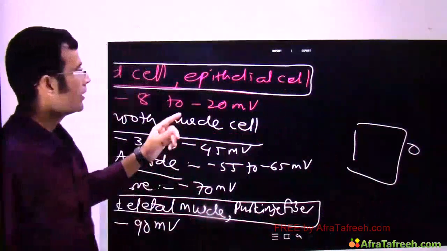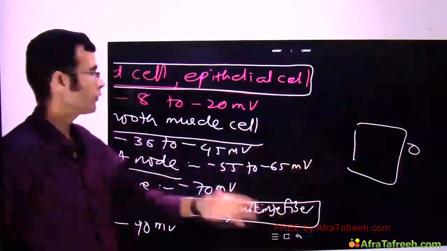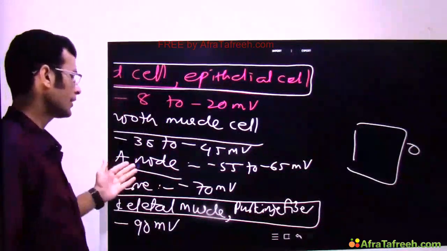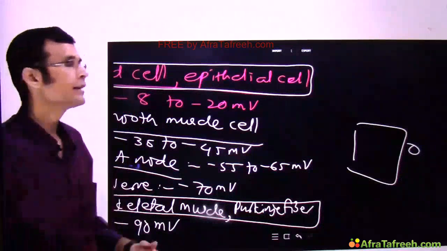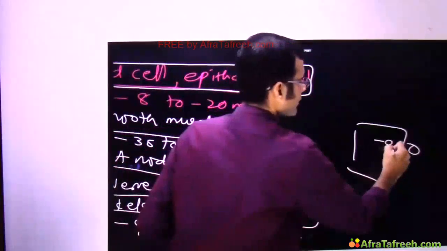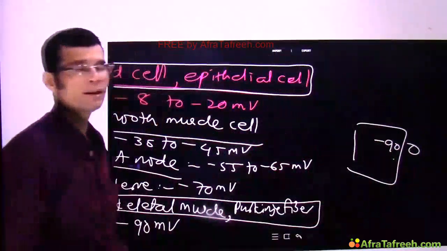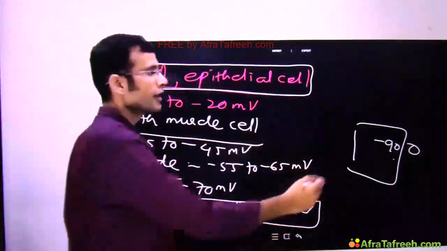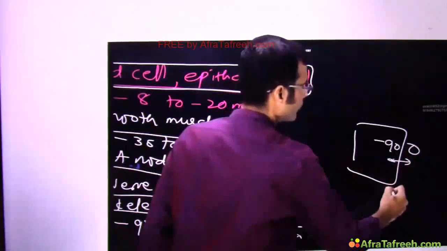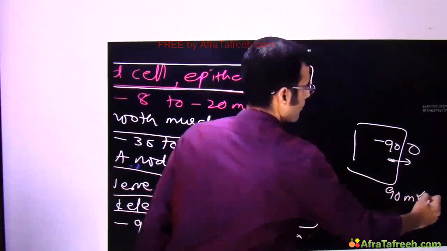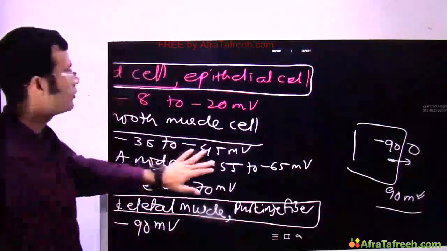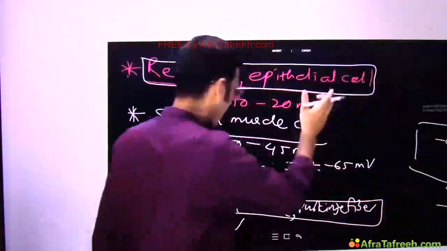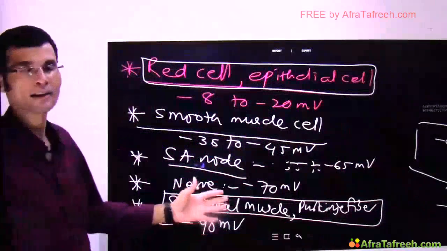So outside is taken to be 0 for all these cells, and inside is -8 or -35 or -90. If skeletal muscle has a membrane potential of -90 millivolts on the inside and outside is 0, the transmembrane voltage difference would be 90 millivolts. From these values, skeletal muscle and Purkinje fiber seem to have the highest transmembrane voltage difference.